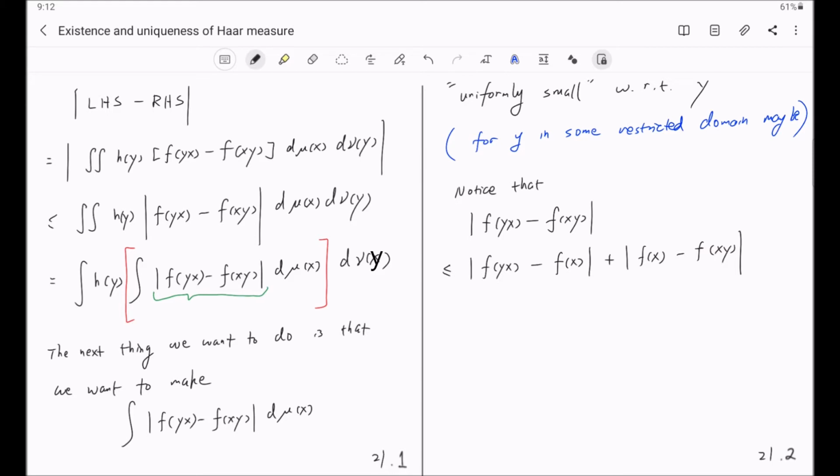This part can be uniformly small by the left uniform continuity of f. And this part can be small by the right uniform continuity of f.